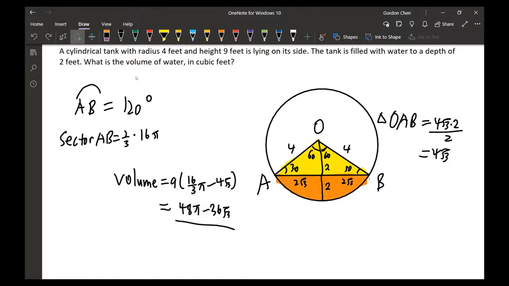And so we have the tank is filled with water up to a depth of 2 feet, and this means that this part is 2, and this is the radius of the circle, so this part is 2. As a result we have this is 2, this is 4, and so we take a look at this.